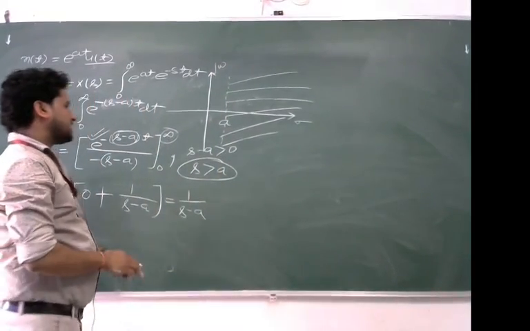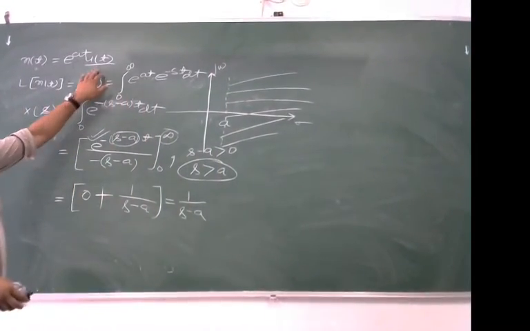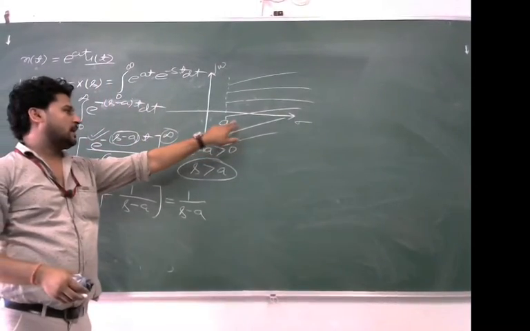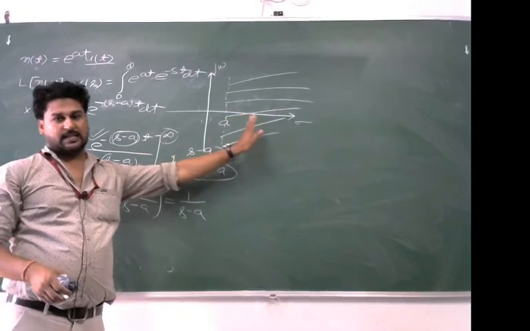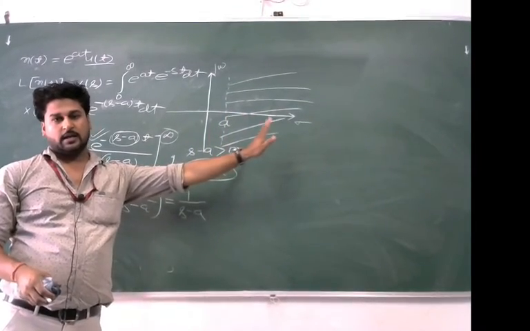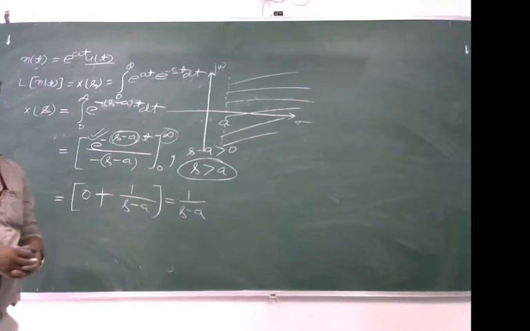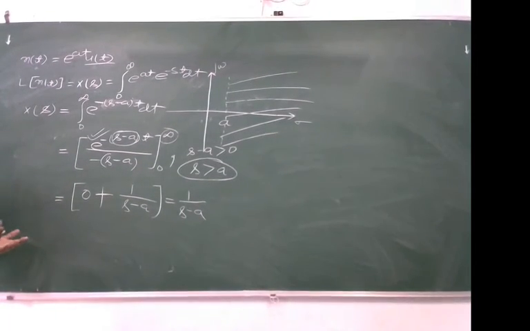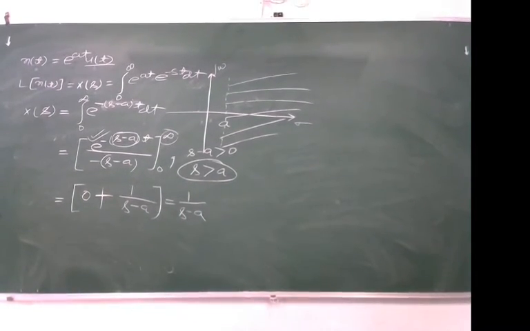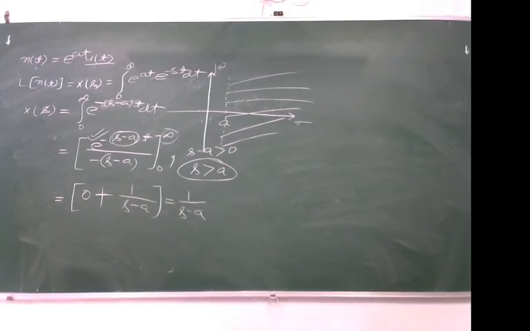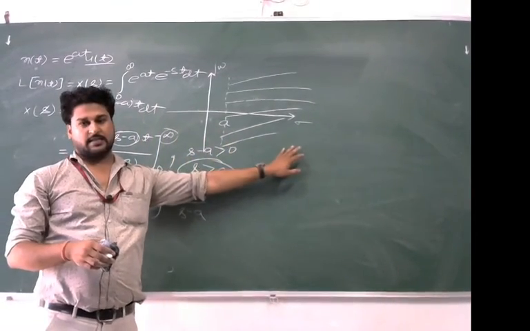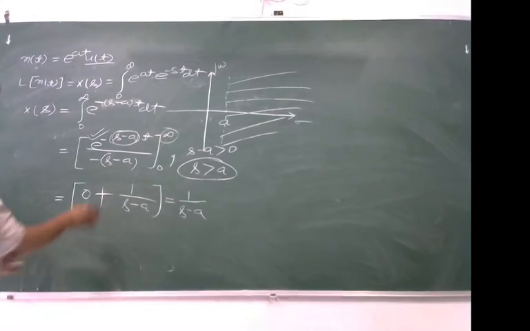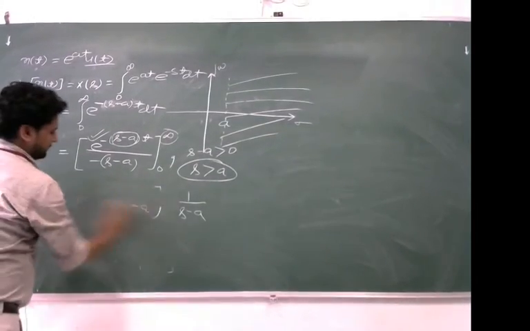This signal can be converted into the frequency domain only when sigma exists in this region, or sigma greater than a. For the remaining values of sigma, the integration does not converge. So we can integrate this function only when sigma is greater than a. This is an important relation. Remember this as it is.